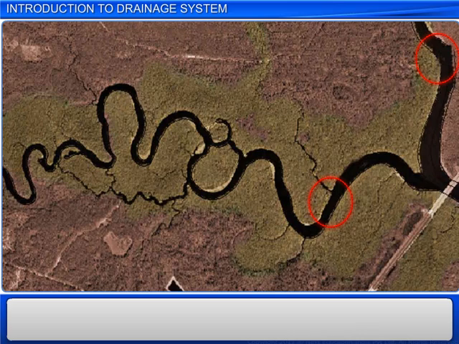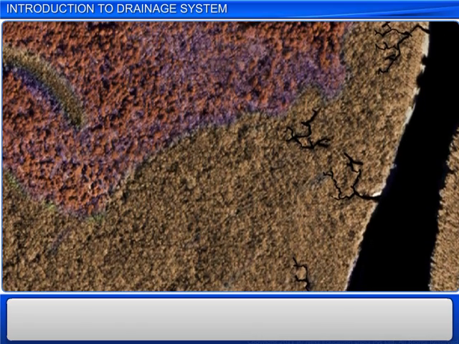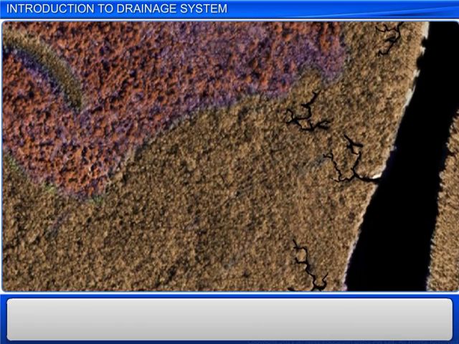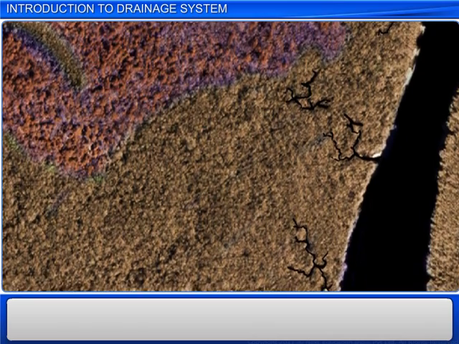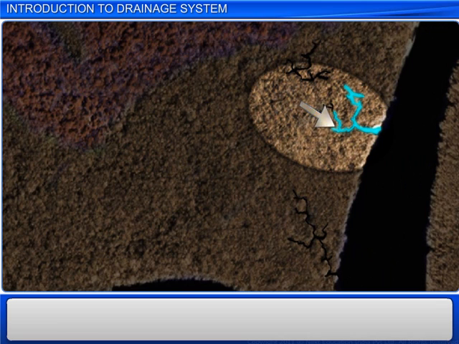For example, if you observe a satellite image of one of the rivers in Georgia in the United States, you will clearly notice the rectangular drainage patterns.